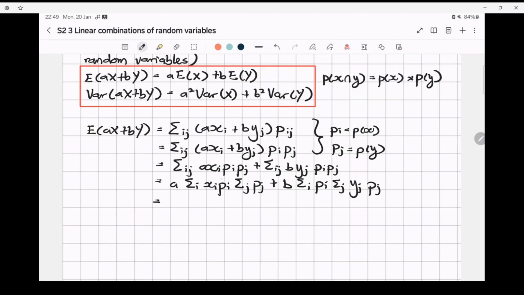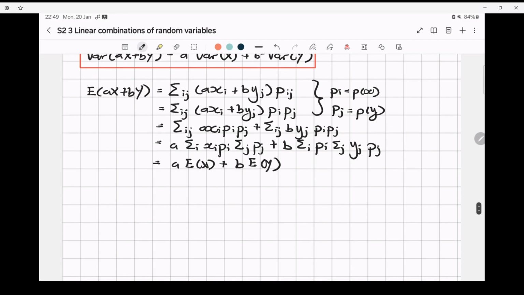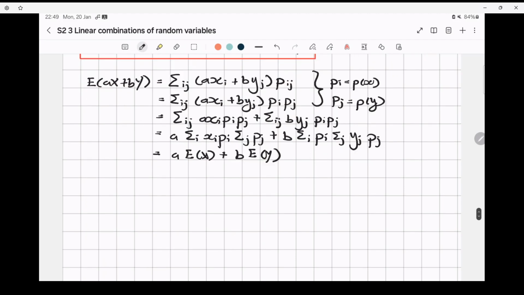The summation of all pj gives me 1, and the summation of i xi pi gives me E[X]. The second one, you will have b, and the sum of all pi will be 1, so you have the sum of j yj pj, that will give me E[Y]. That's how you prove the first equation over here.